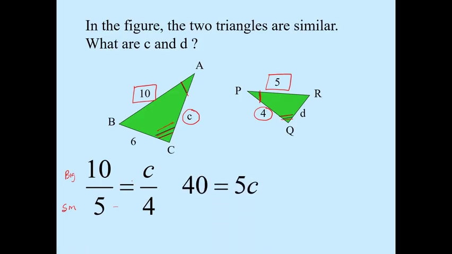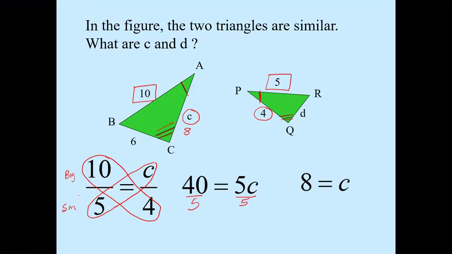What we're going to do is cross multiply: 5 times C gives us 5C. 10 times 4 is 40. How do we solve it from here? Divide by 5. And so you should get what? C is 8. So that means, guys, this side is now 8.